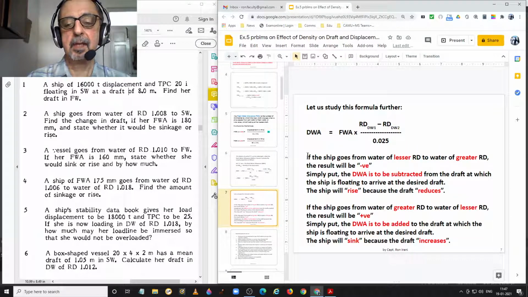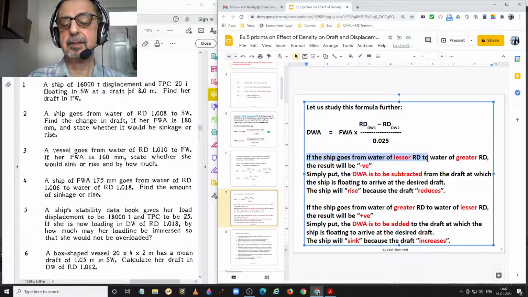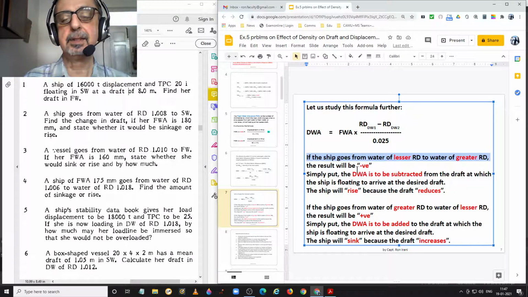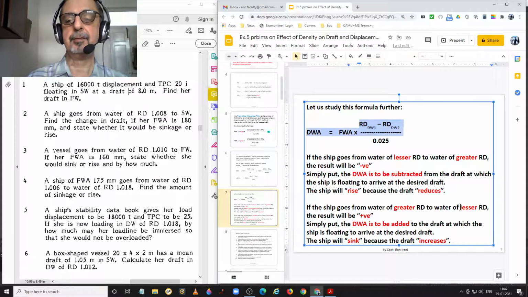Thus, if the ship goes from a water of lesser relative density to a water of greater relative density, the resultant will be negative. The resulting answer will be negative because dock water 1 here will be less than dock water 2.